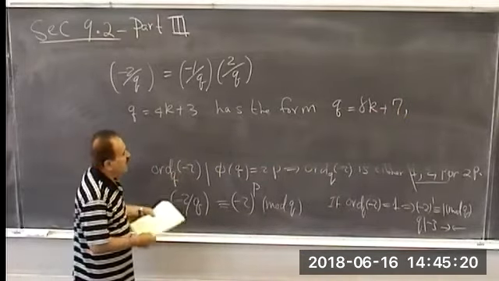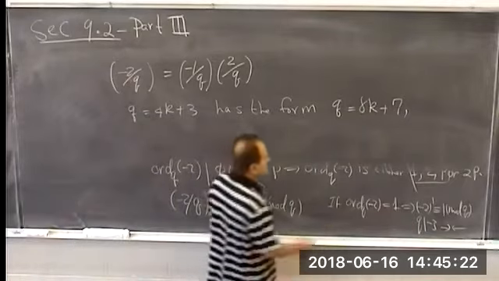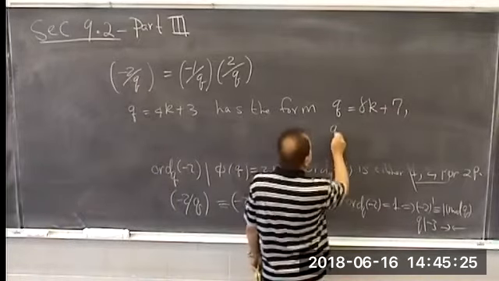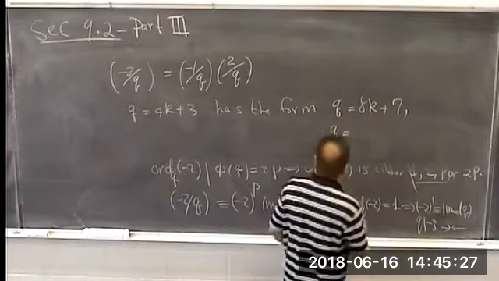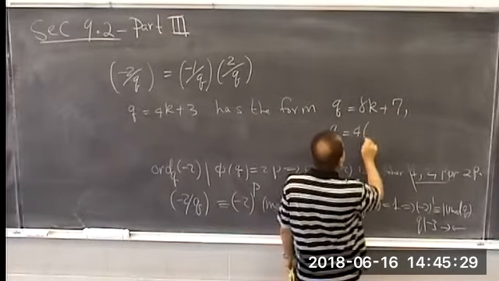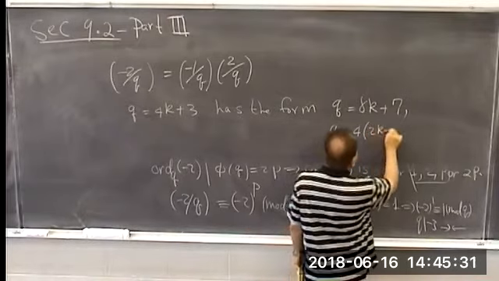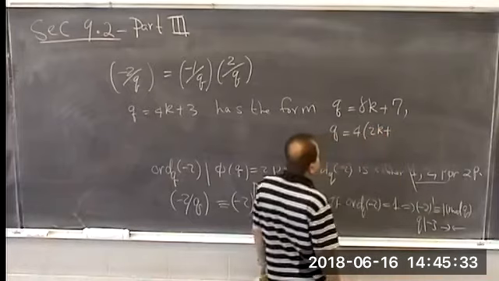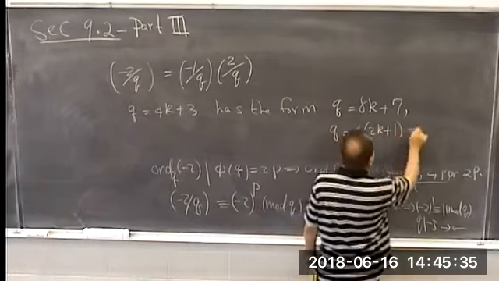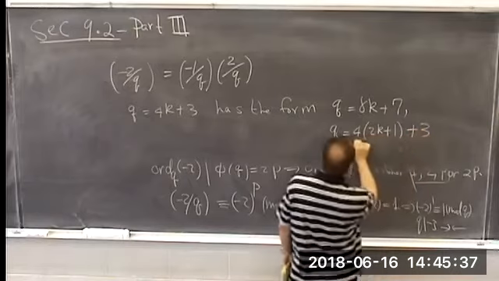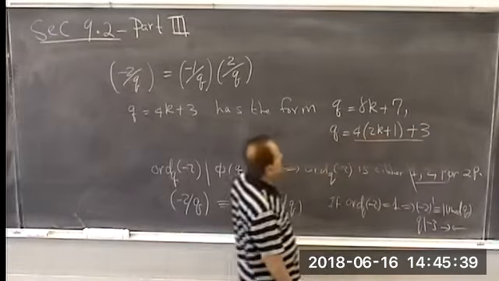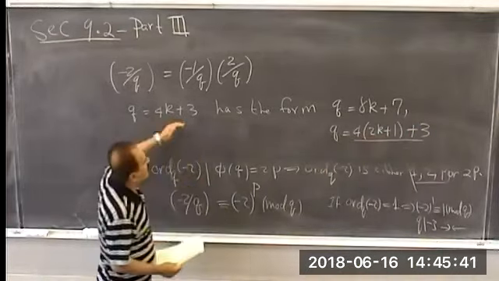To see this, it's again the same kind of thing in here. If you take a factor of 4 out, this becomes 2q plus 1 plus 3, and this is the form of q in this case.